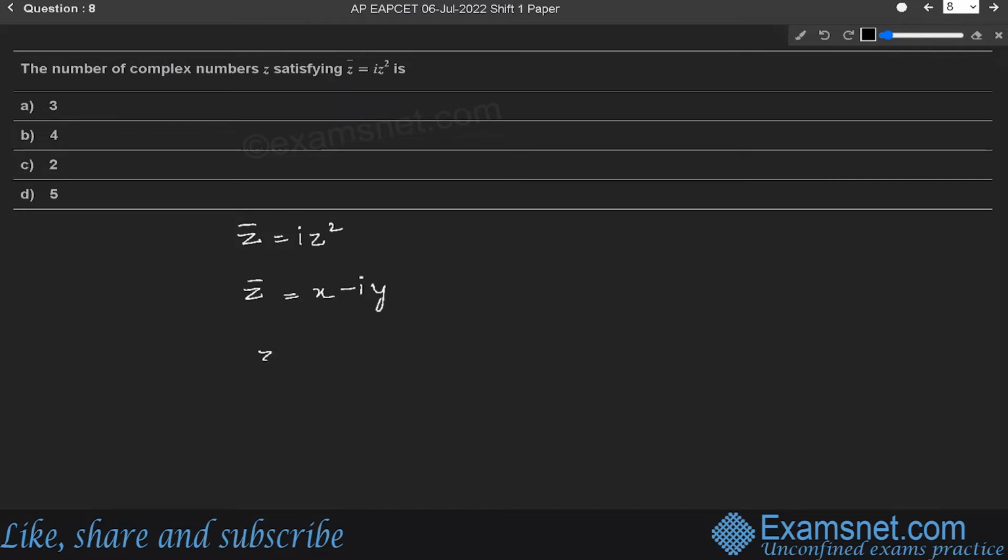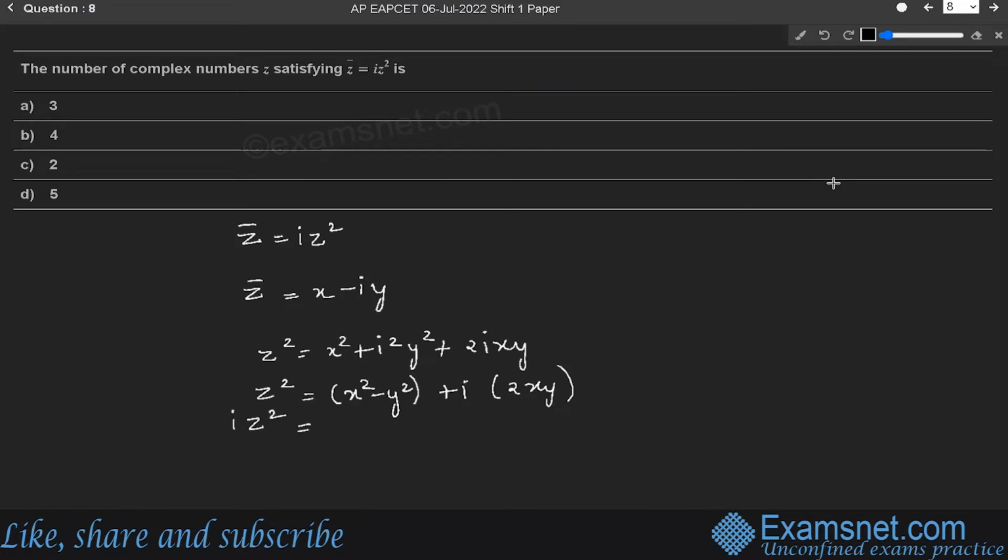So z square will be equal to x square plus i square y square plus 2i into xy. So z square will be equal to x square minus y square plus i 2xy. Therefore, i z square will be equal to i into (x square minus y square) plus 2xy.